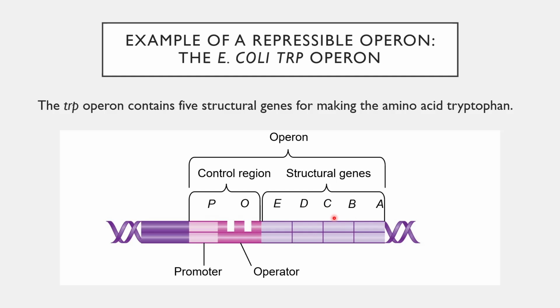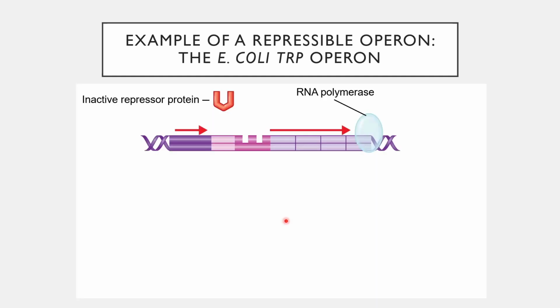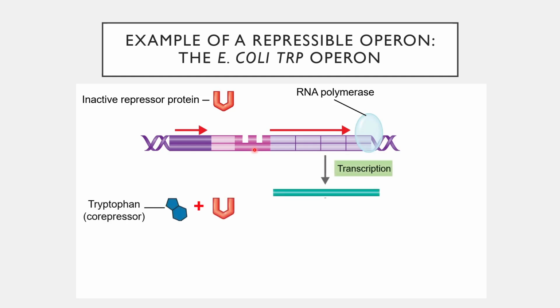However, if the cell starts to produce too much tryptophan and it wants to shut down the production caused by this transcription process, then tryptophan itself will attach to a special protein which turns into the repressor for the trp operon. So the tryptophan attaches to the protein, it changes its shape and becomes active at attaching to the operator and physically blocking RNA polymerase from accessing these genes and making more tryptophan.